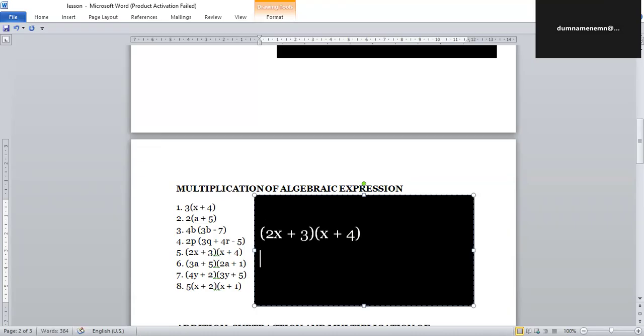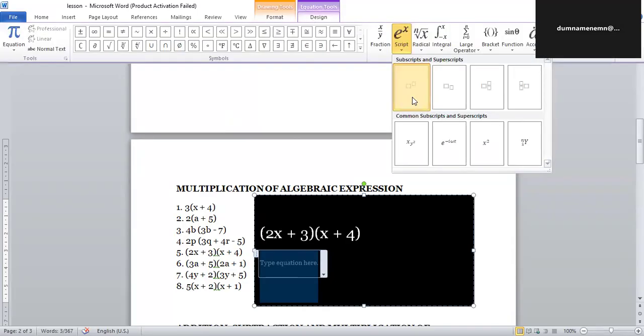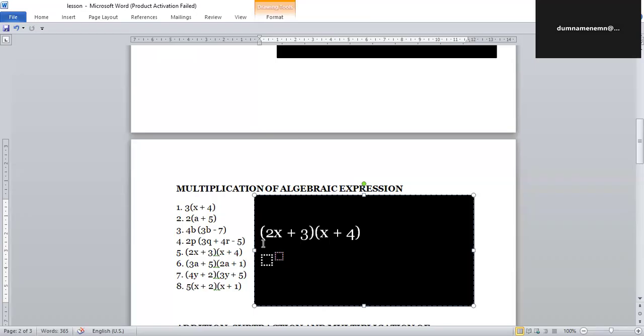So now 2x is going to multiply x. All right, so I'm going to have it to be, now the coefficient of x in the second bracket is 1. So 2 times 1, I'm going to say I have my 2. Then x multiply x, I'm going to have it to be x squared.